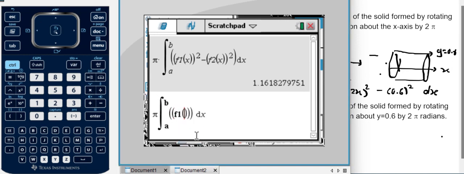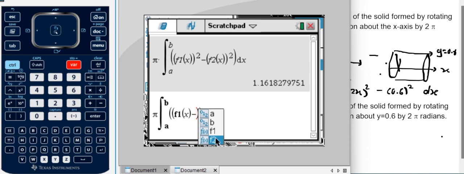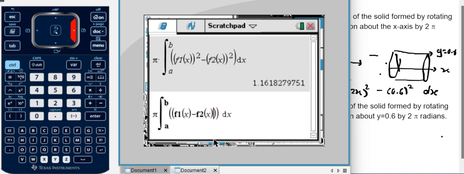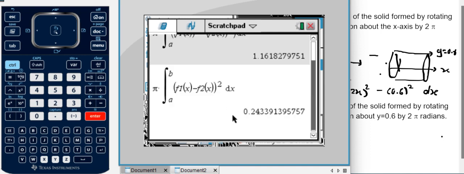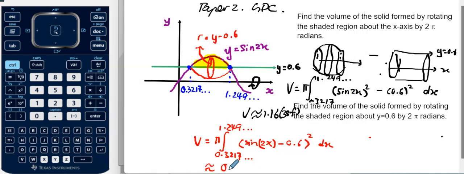This is my f1 x, and then after that minus 0.6, or you can put in f2 x, and then after that to the power of 2, everything squared. And then I press enter to get the answer, 0.243. So to 3 significant figures, this is 0.243 cubic units.